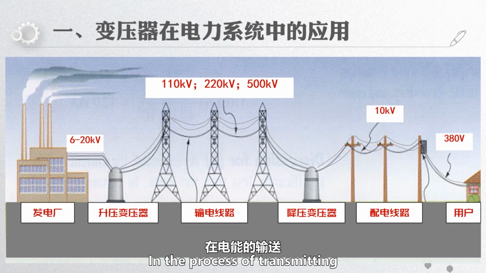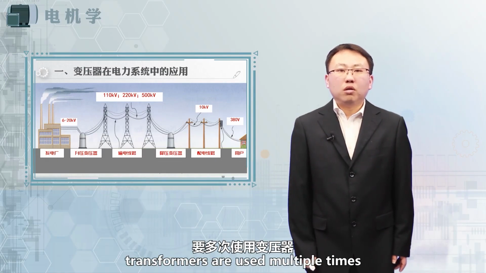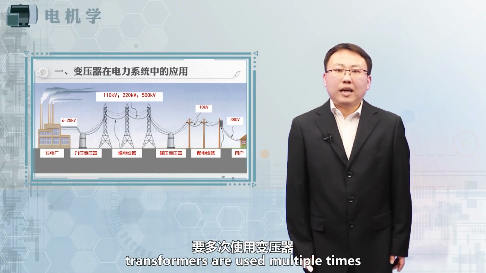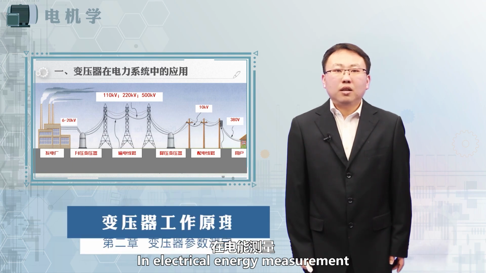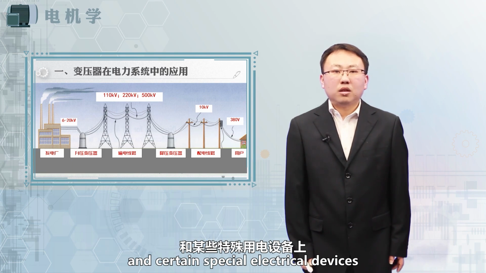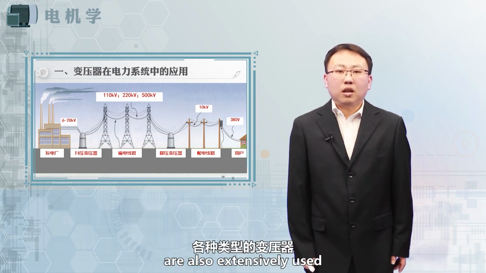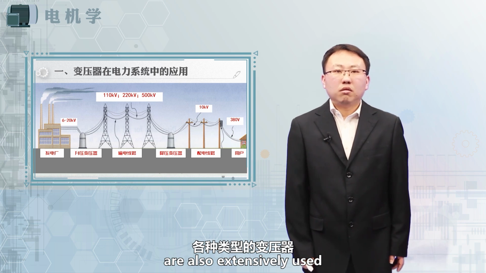In the process of transmitting and consuming electrical energy, transformers are used multiple times. In electrical energy measurement, control, and certain special electrical devices, various types of transformers are also extensively used.